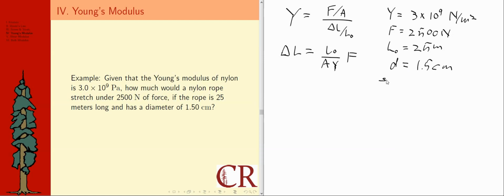But that implies a radius of 0.75 centimeters, which is really equal to 0.0075 meters, which means we can calculate an area based on that by saying pi multiplied by 0.0075 meters squared.